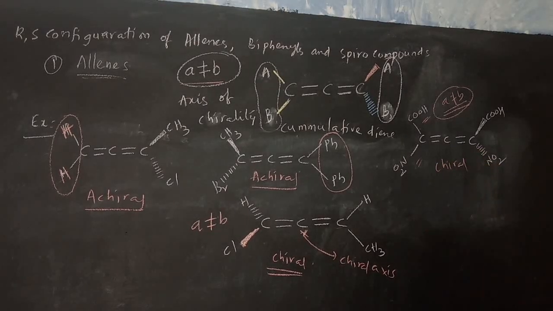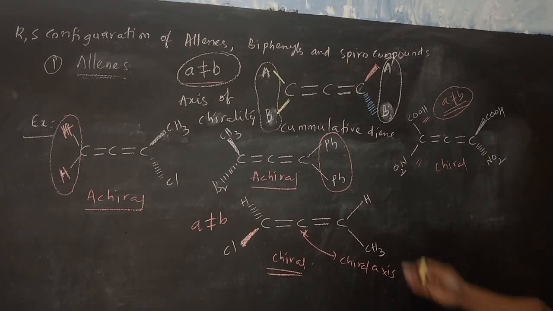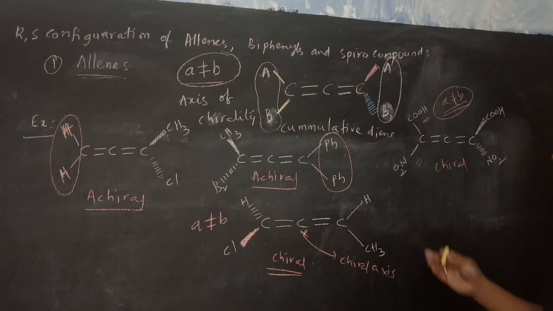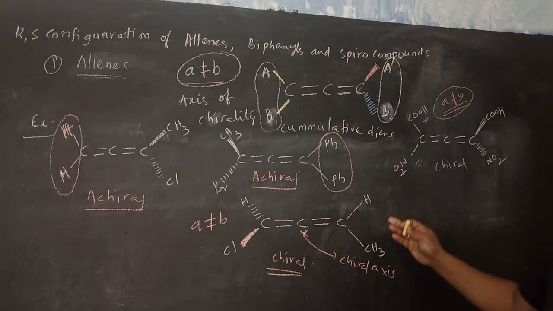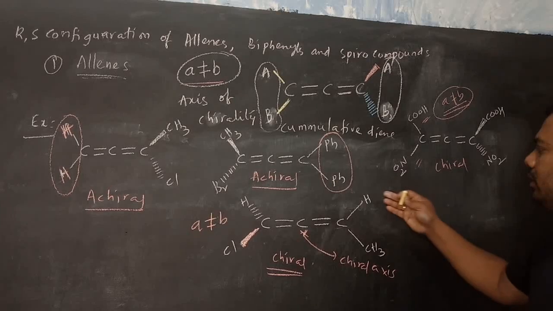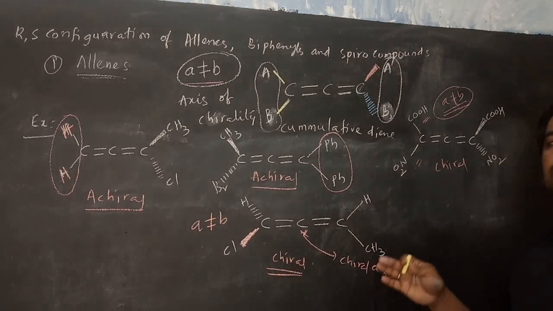So we will assign how to give the RS configuration in a simple way. First of all, give the priorities based on the atomic number. First give the priorities to the atoms or groups which are present in the plane of the paper.